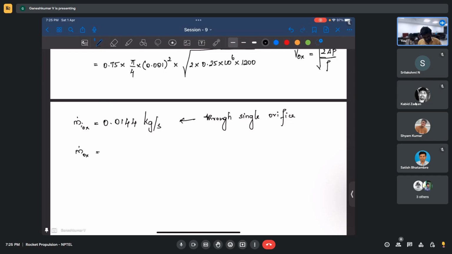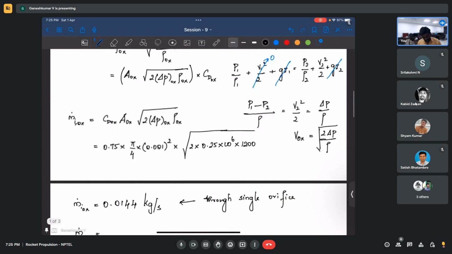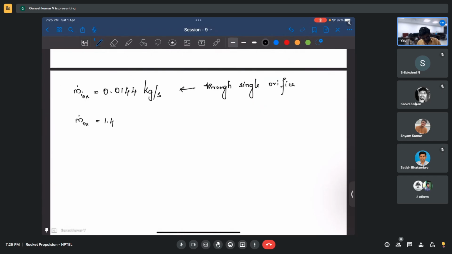The mass flow rate of the oxidizer is already given, which is 1.44 kg per second. If we want 1.44 kg per second, how many orifices do we need? It's going to be 100 orifices.